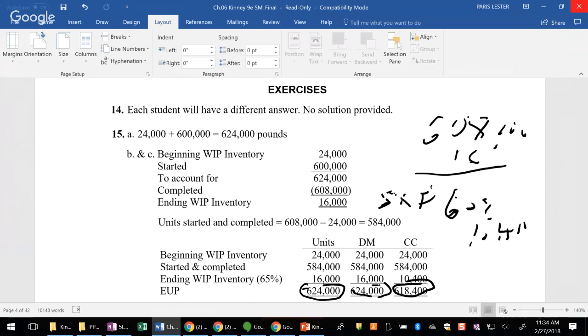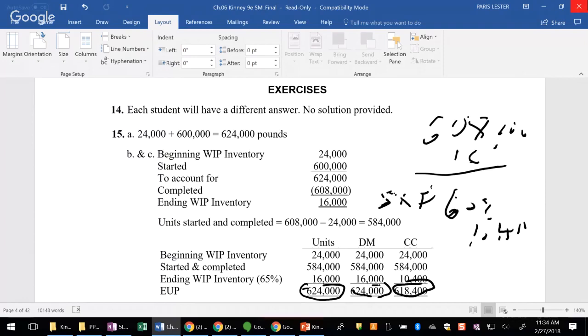The only thing they are doing different, they're taking beginning inventory 100% for everything, right? And they're adding into that units started and completed. This is not a bad way to do it. Then you're in an inventory.